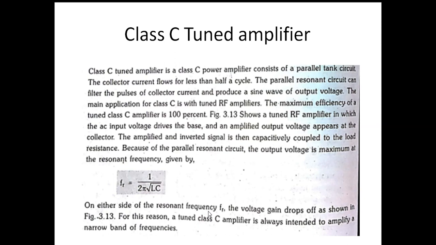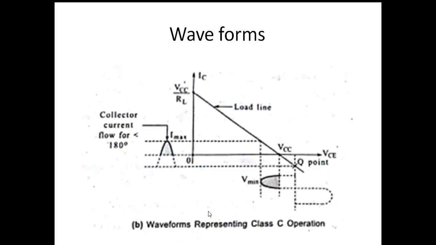For this reason, a tuned class C amplifier is always intended to amplify a narrow band of frequencies. This is the waveform representing the class C tuned amplifier.